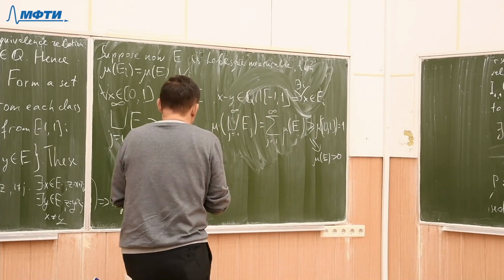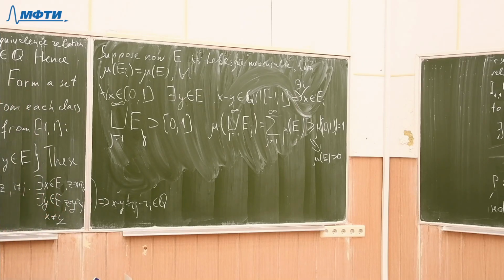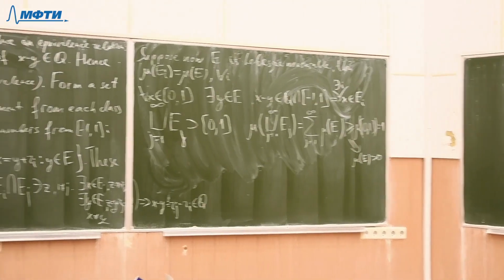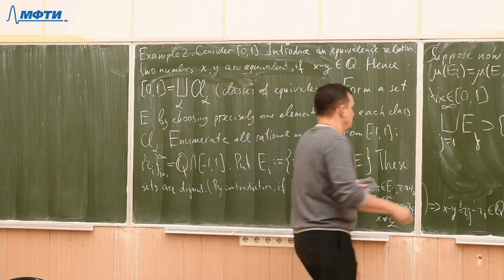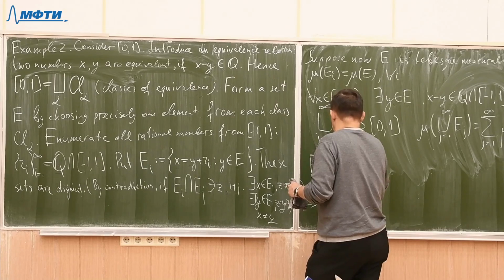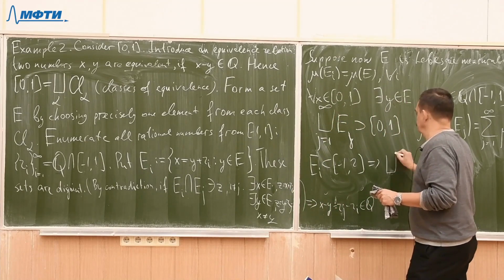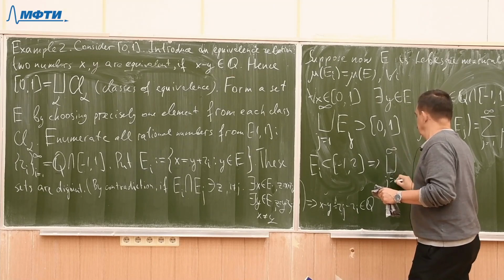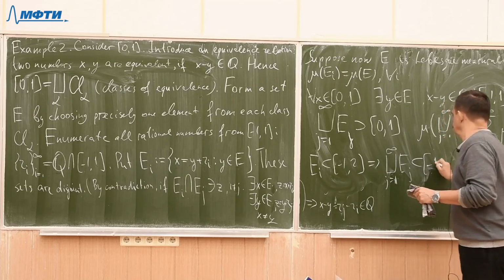From the other side, look, how is every E_i formed? We took an element from [0,1], and we added a rational number from [-1,1]. So every E_i is a subset of [-1,2]. Hence, the union is also a subset of [-1,2].